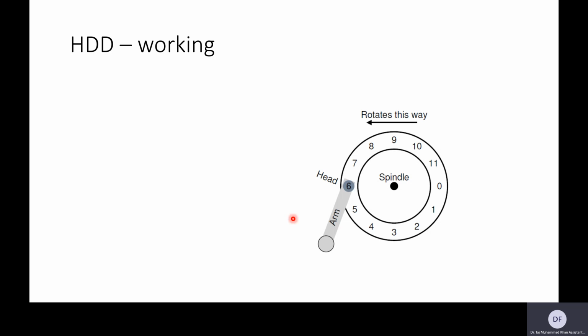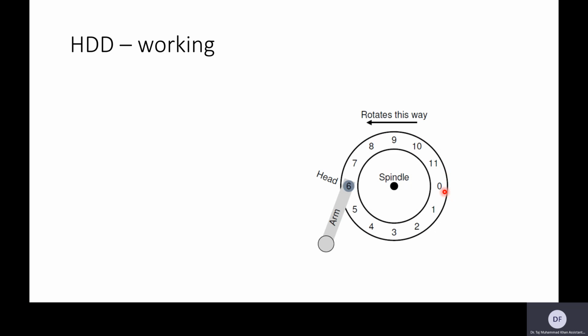Here we have the top view of one surface or one side of a platter. This is a platter, and it is attached to this spindle. Okay. So for simplicity, this surface has only one track, which is this circle, and this circle is made up of different sectors.